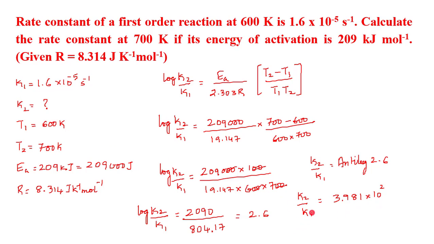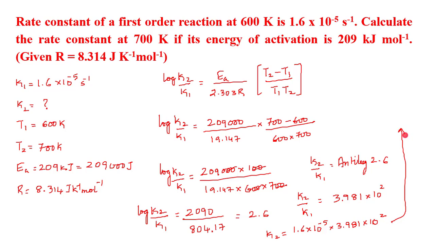You take this K1 value to the other side and multiply. So K2 is equal to 1.6 into 10 raised to minus 5 into 3.981 into 10 raised to 2.